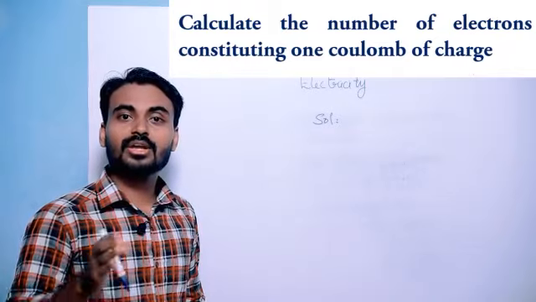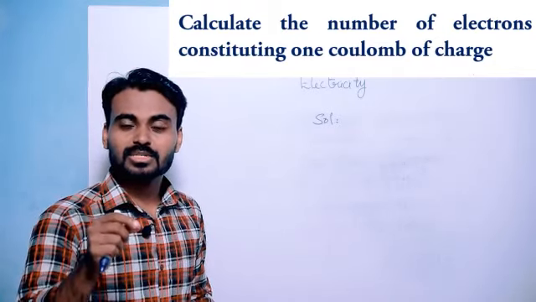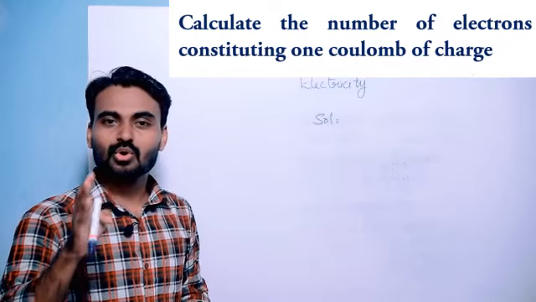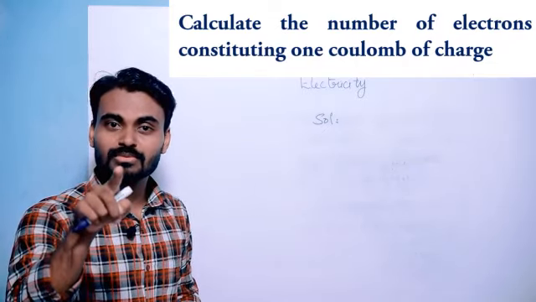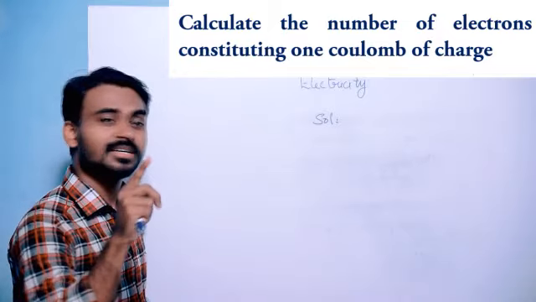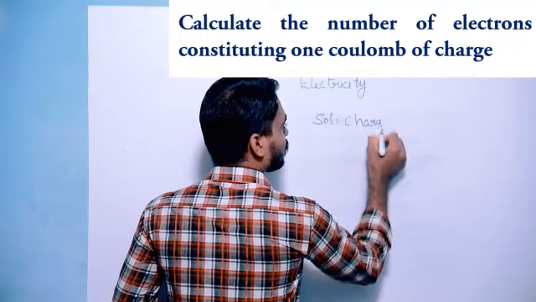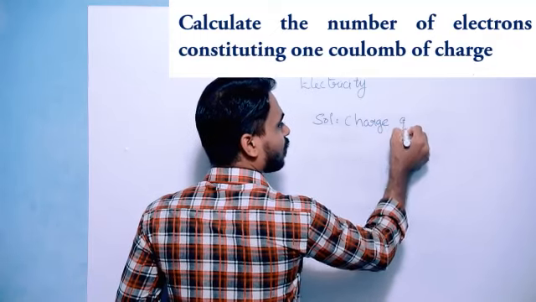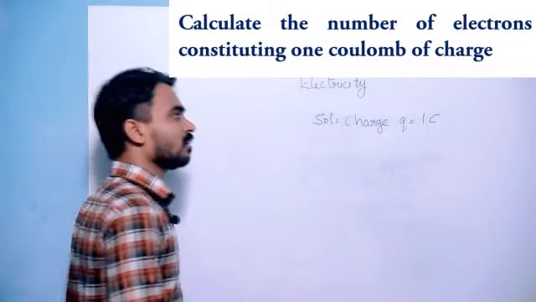We have to find out the number of electrons. It is given that 1 coulomb of charge. Coulomb is the unit of charge. So it is given charge first. Charge is denoted by the letter Q. Q is equal to 1 coulomb.